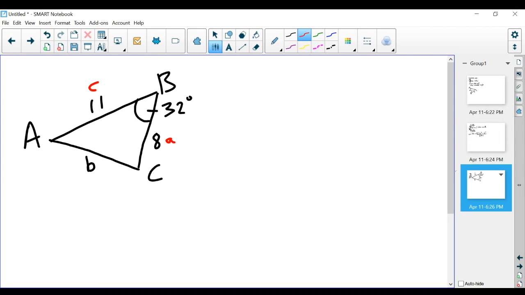So in this case, because we are using the form of the cosine law that asks us to solve for a side, I'm going to go ahead and write it down in terms of b.